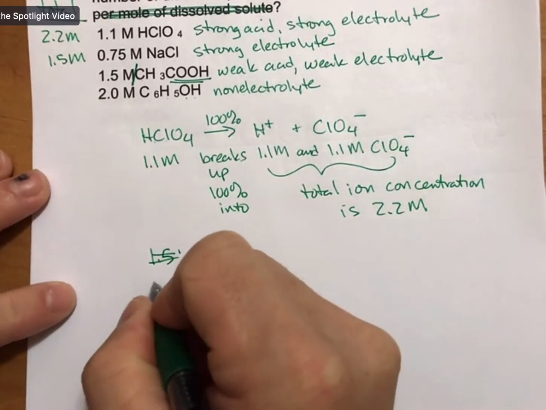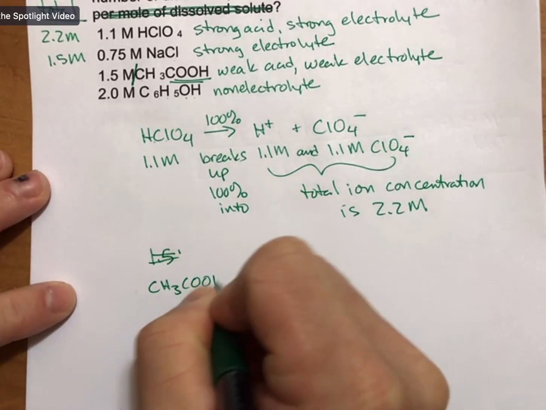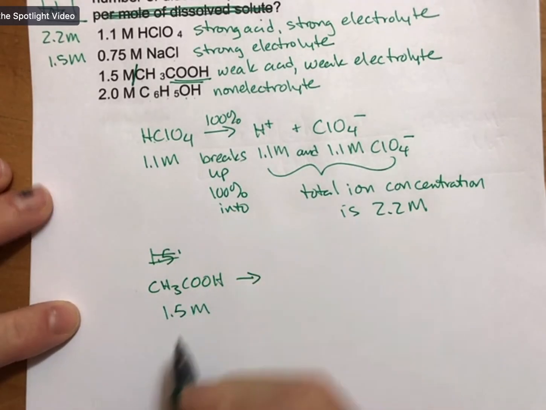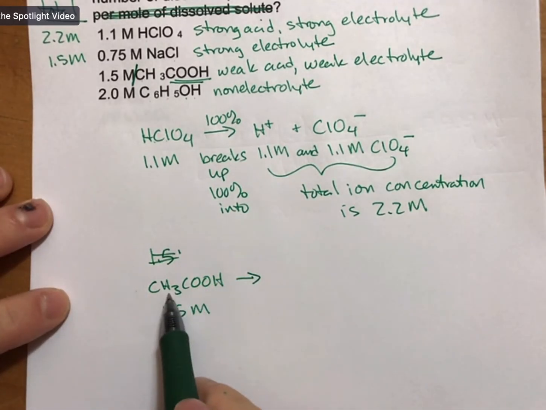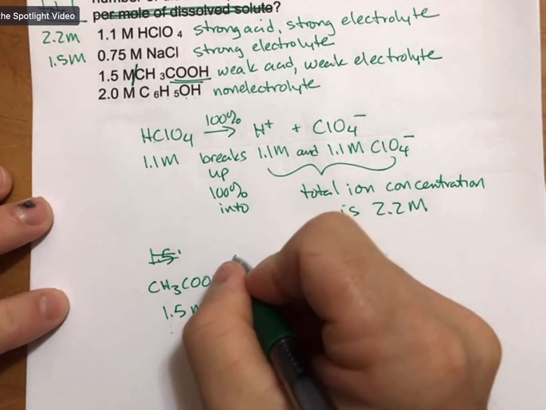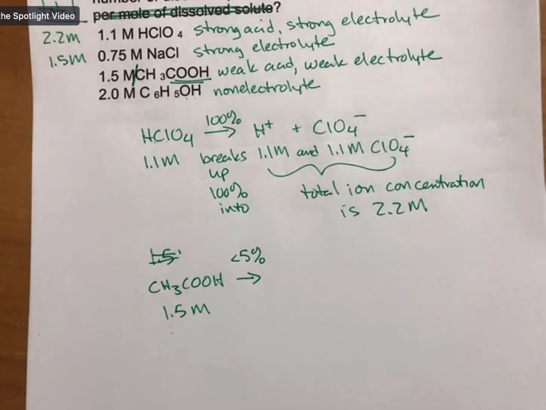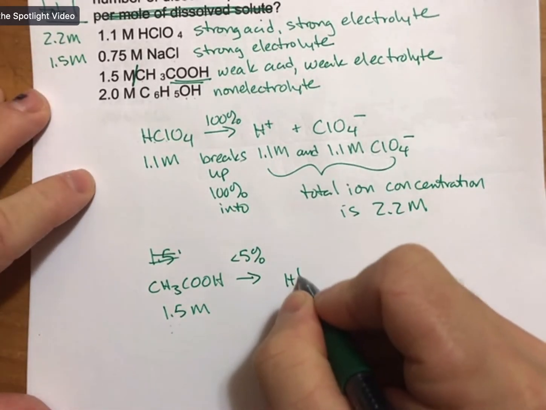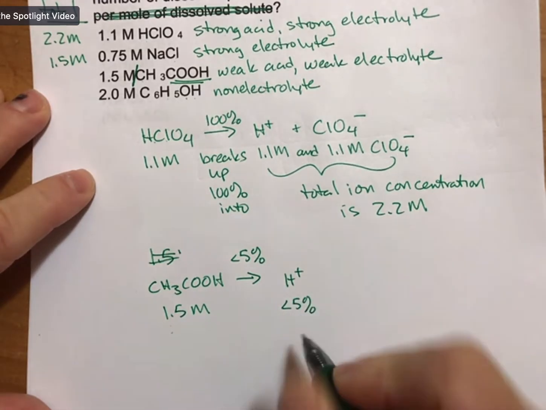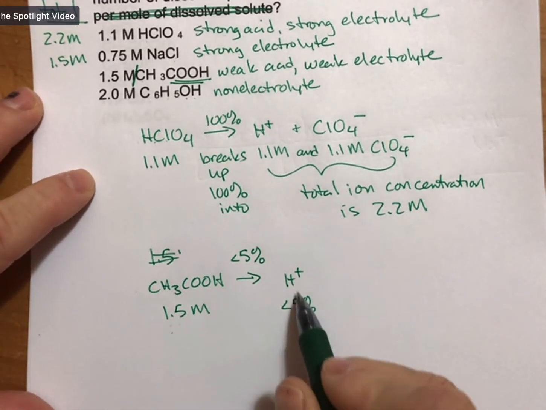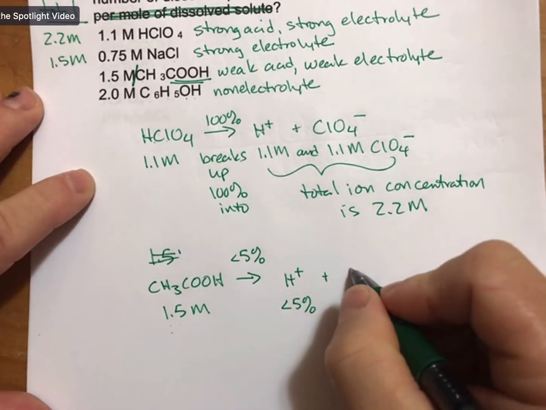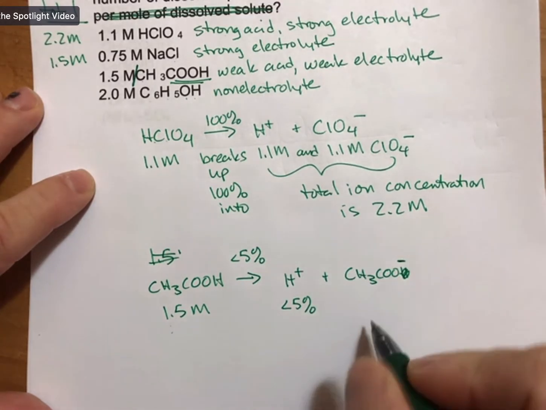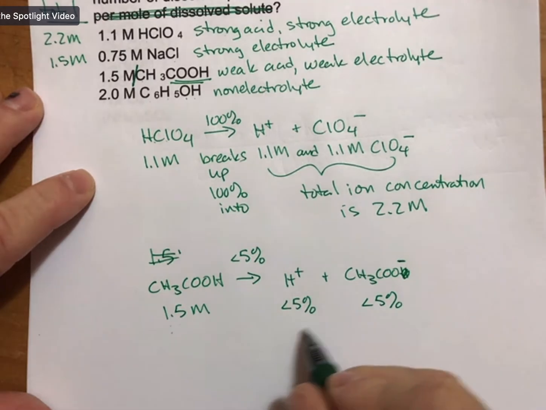So if I start with 1.5 molarity acetic acid, let me write the reaction here, CH3COOH, and it breaks up less than 5%, then at the finish I will have less than 5% H plus plus CH3COO minus, because these are my ions.